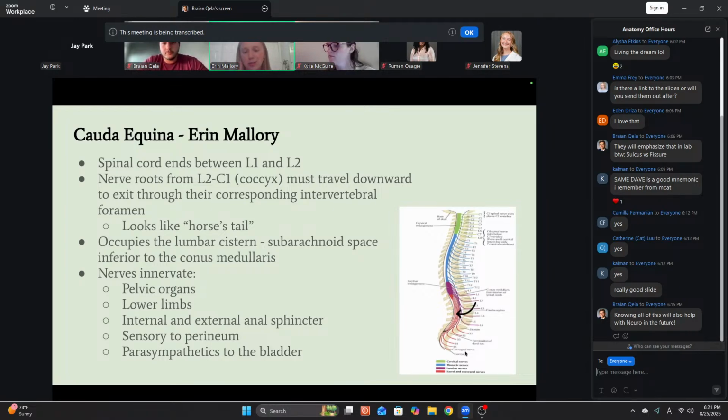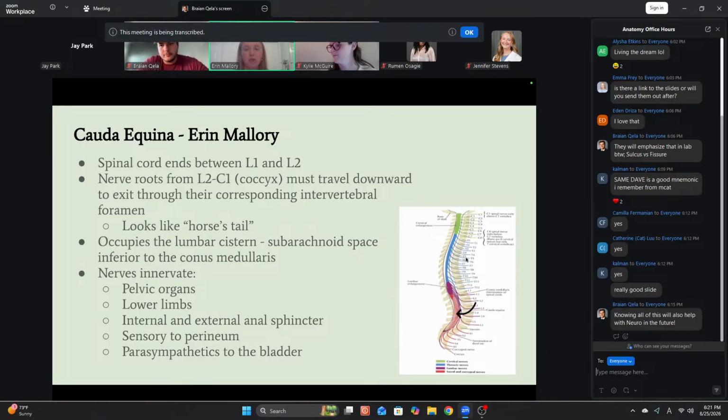And they say it looks like a horse's tail. You can kind of see all of them coming down together. And they say that the cauda equina occupies the lumbar cistern. What that is is just kind of like a subarachnoid space. You'll go over the spaces with Brian shortly, but it's a space in the spinal cord region. It's called the subarachnoid space, and it's just a little bit extra space for them to travel down.